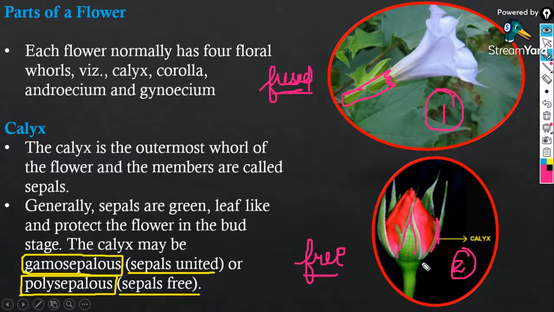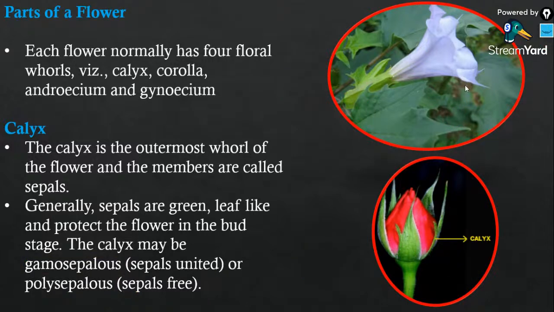Give me a thumbs up on the chat box if it's clear. So if the sepals are united, you will call it the gamosepalous condition, and if the sepals are free, you will call it the polysepalous condition.